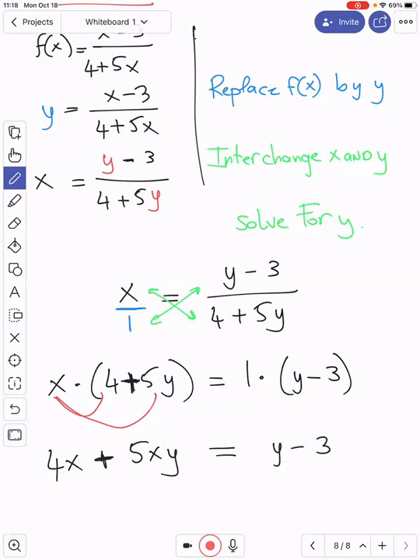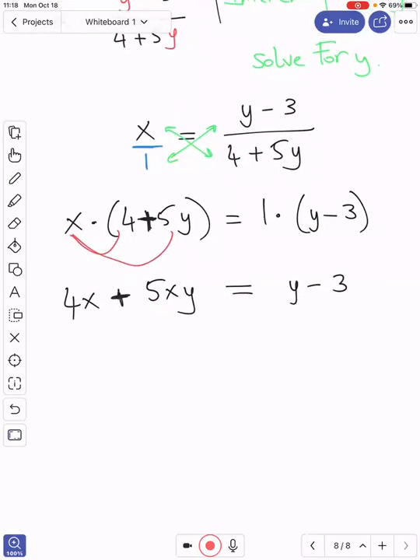All right, now the problem, guys, we got a y on the left, a y on the right. So the idea is to move all the y's on the same side. And once you move all the y's on the same side, y would be a common factor, so you can factor out the y. So for example, let's say subtract y from both sides.